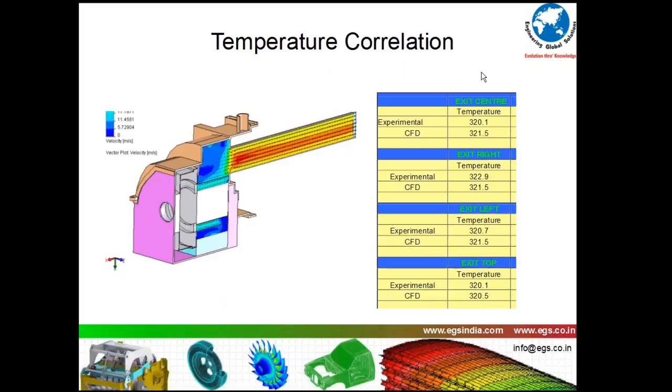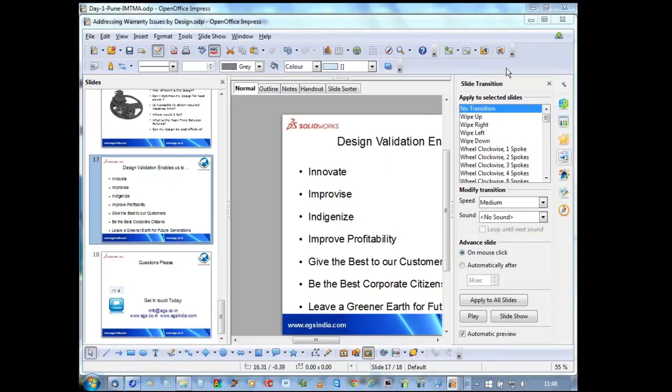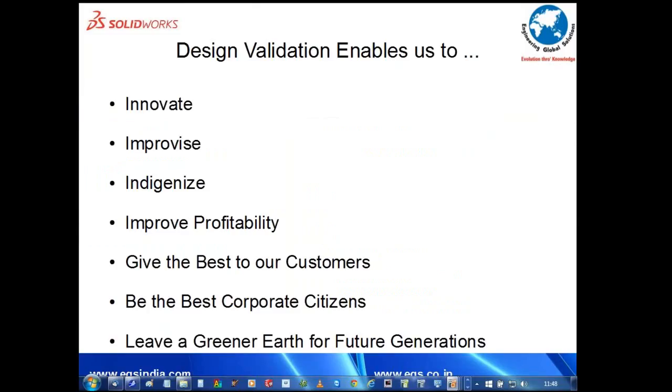The most important thing in the entire aspect of this presentation is that when we look at the calculations with regard to the design validations for warranty, it helps us to innovate our designs and give alternatives to our sales and marketing team and to our customer. It helps us to improve upon our design for life, and it helps also to indigenize our design for the warranty calculations that we need from our marketplace in this country.